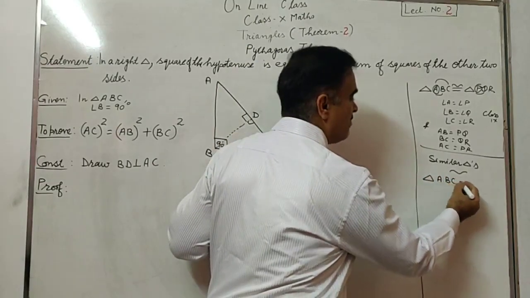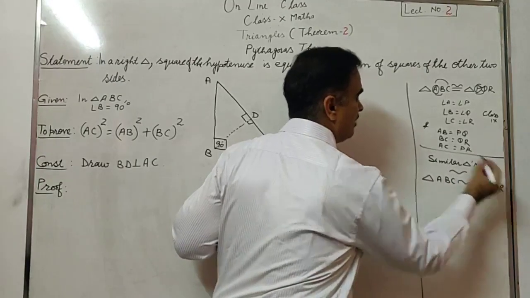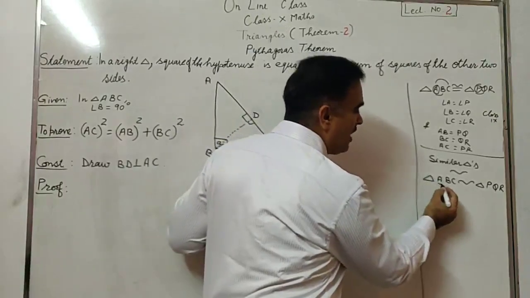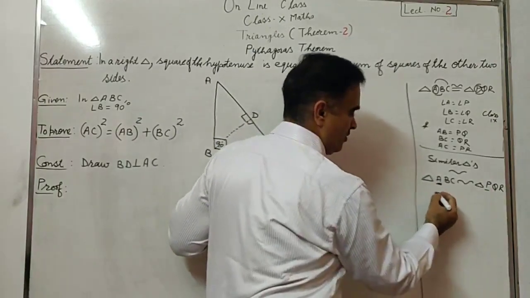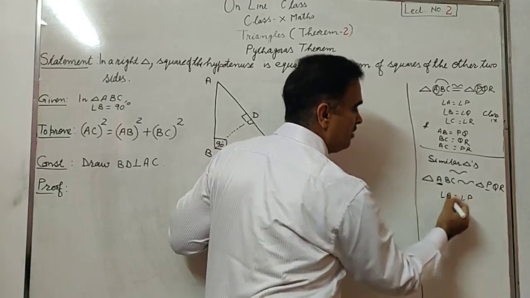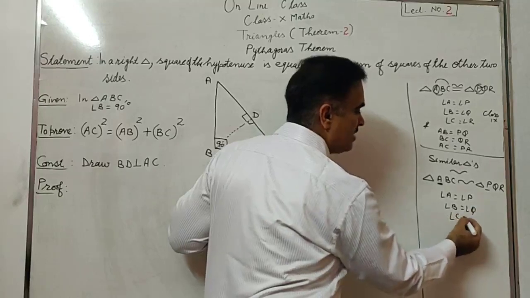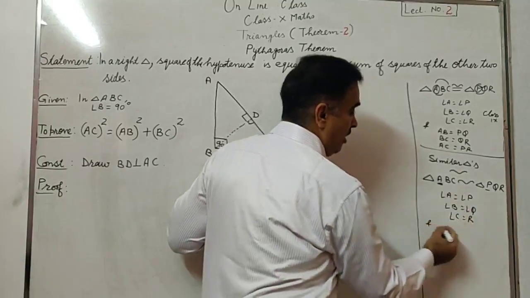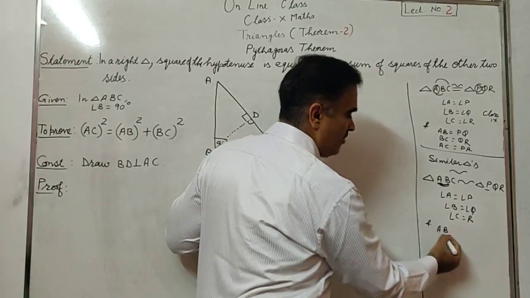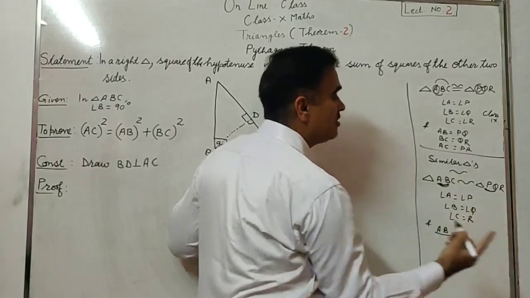If triangle ABC is similar to triangle PQR, then corresponding angles are also equal: angle A equal to angle P, angle B equal to angle Q, angle C equal to angle R, and corresponding sides are in the same ratio.